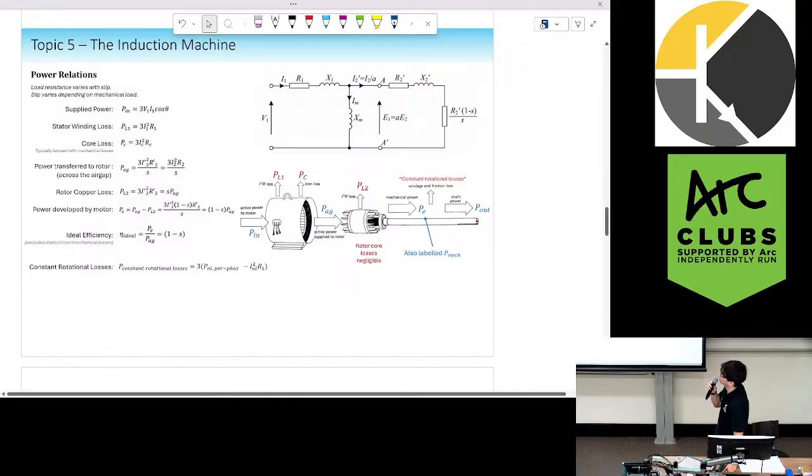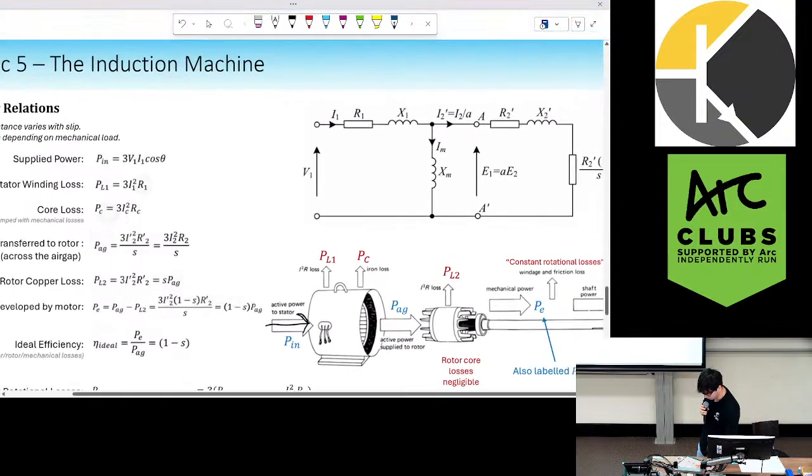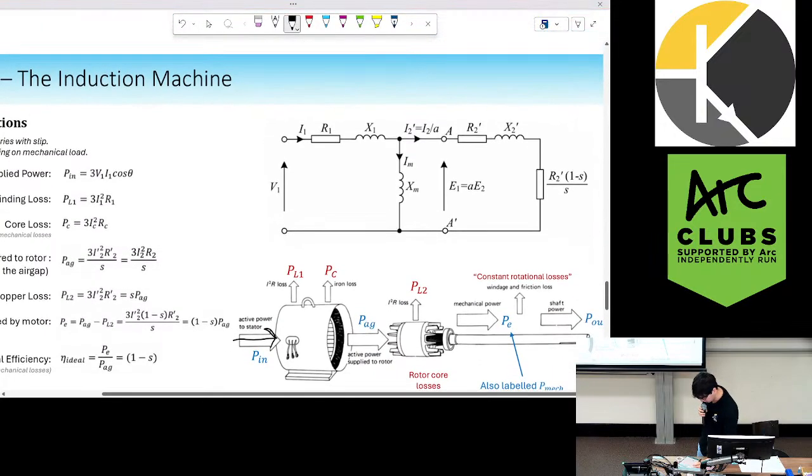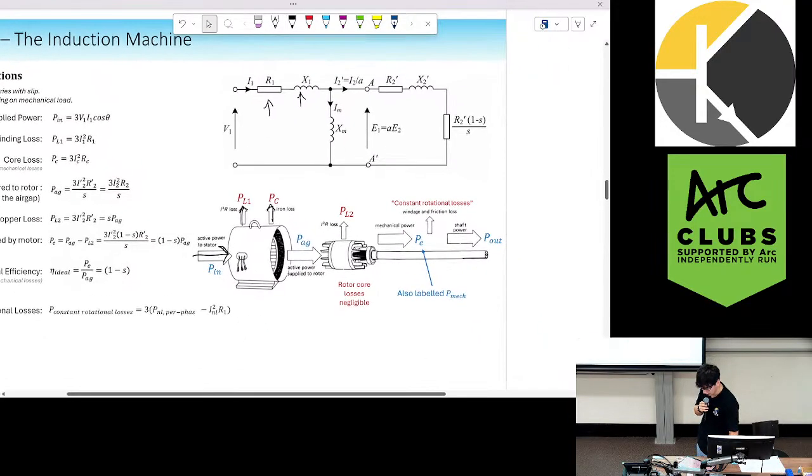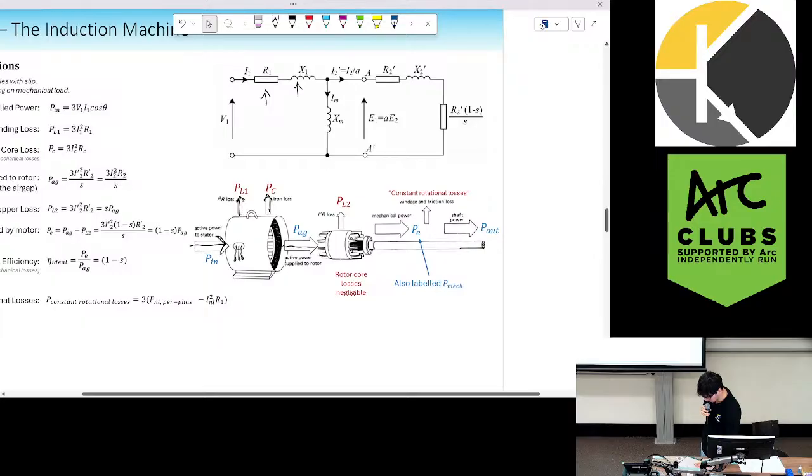Power relations. There are a lot of losses that happen in an induction motor. From our input power, we have losses from our stator resistance and our stator reactance, which is represented by I squared R. Our core losses are, like I said earlier, RC, which we typically neglect, but it is there. Then we have our power transferred across our air gap, which is P in subtracted by these two losses.